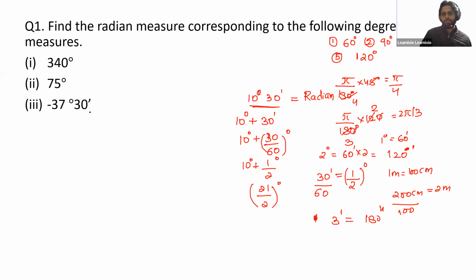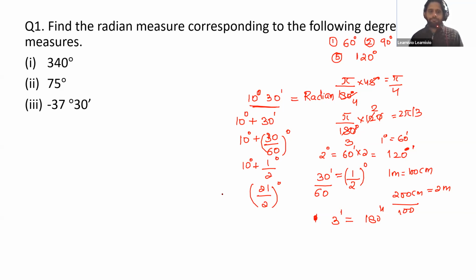So first of all, please convert this into degree, as we have done in this question. Then finally convert it into radian.